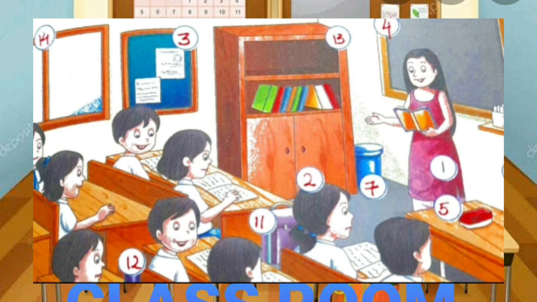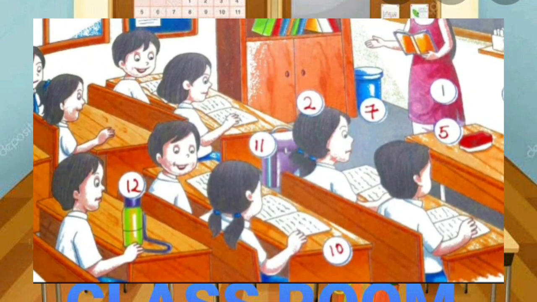Seventh one is dustbin. You can see the blue color dustbin near the cupboard. So give the number 7. Eighth one is table. Table is near the teacher and it is in front of the first desk. So give the number 8.